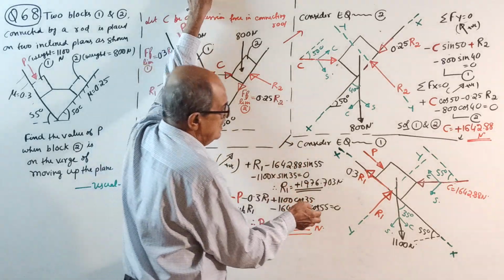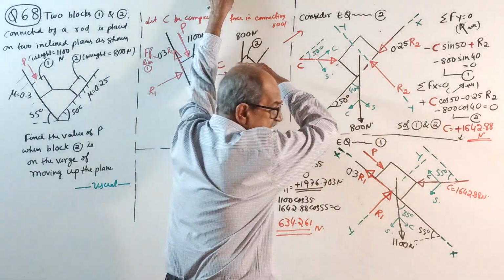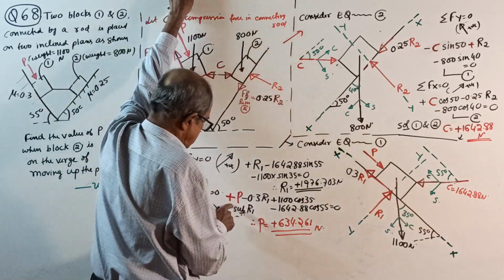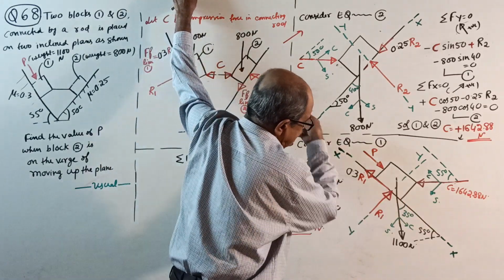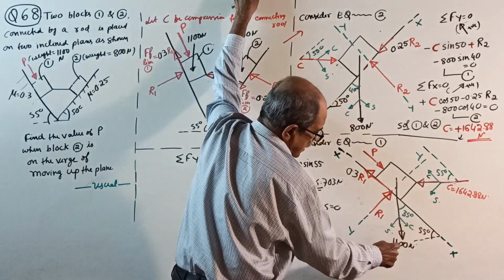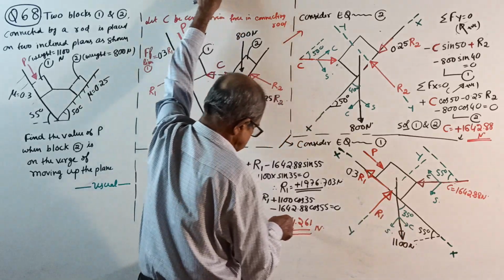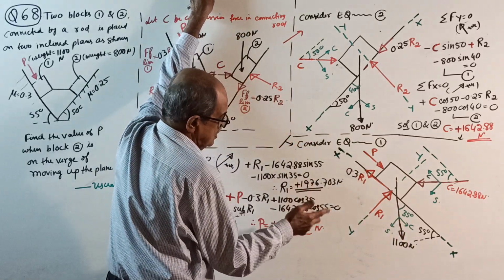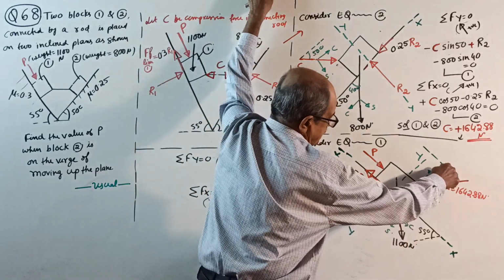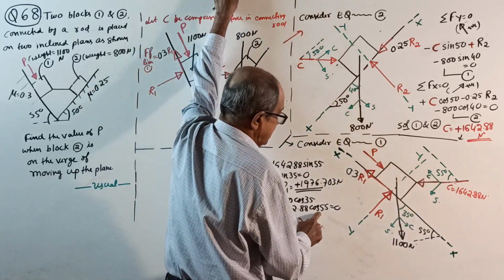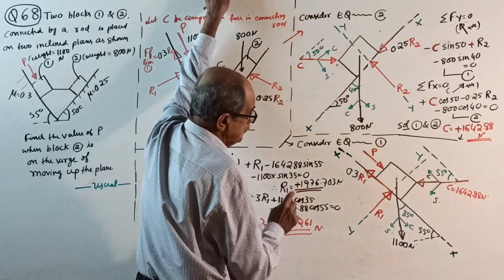Once you get R1, sigma Fx = 0, take right side positive: plus P minus 0.3 R1 plus 1100 sin 35, then minus 1642.88 into cos 55 equal to 0.